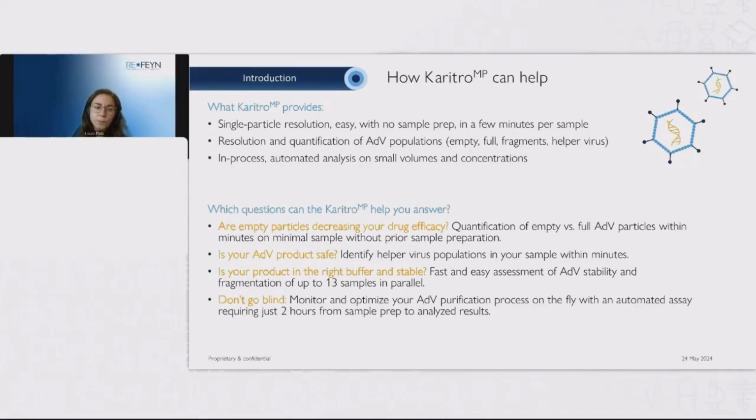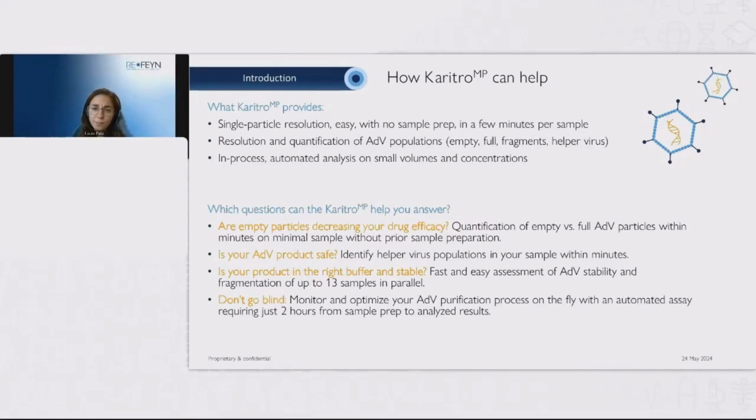So this can help you answer a series of questions. For example, on drug efficacy, the presence of empties, as mentioned, can decrease the drug efficacy, and therefore a quantification of empty versus full can really help, especially when done in process without any sample prep.